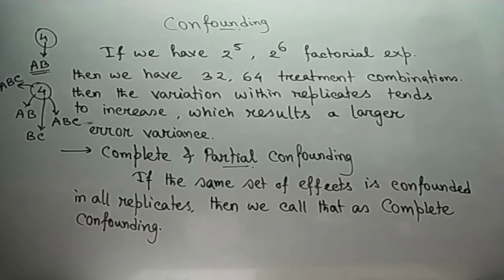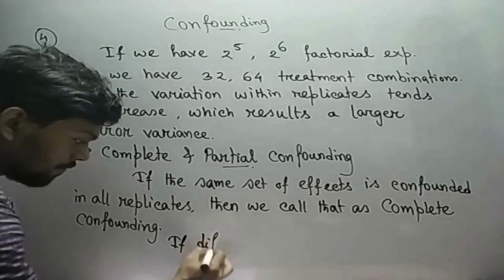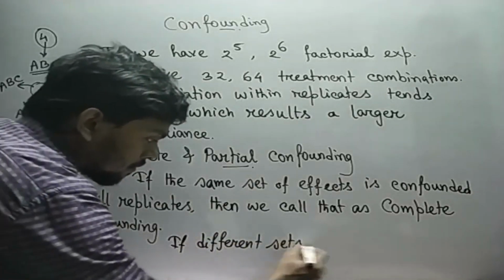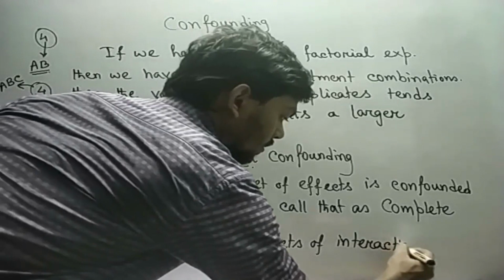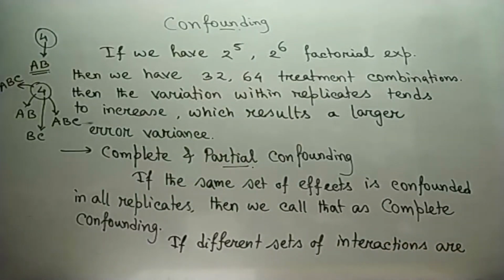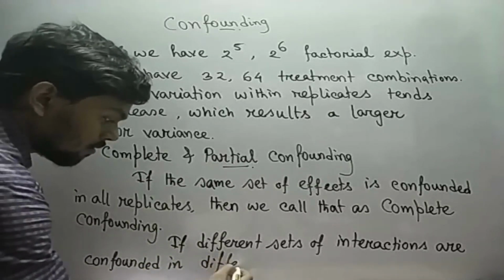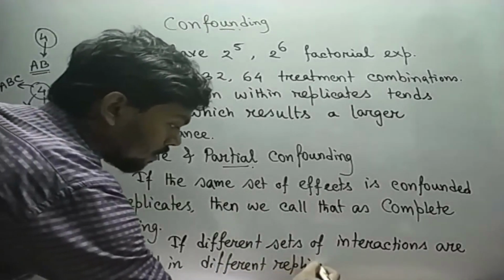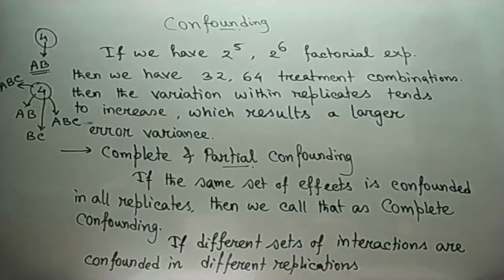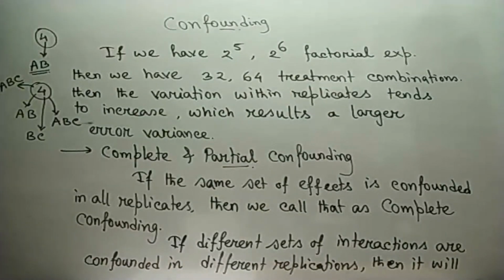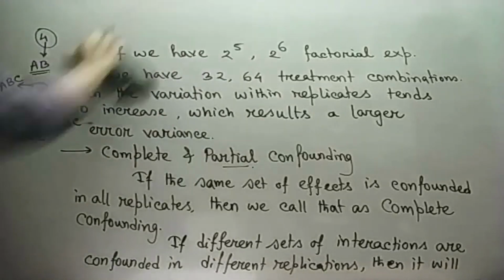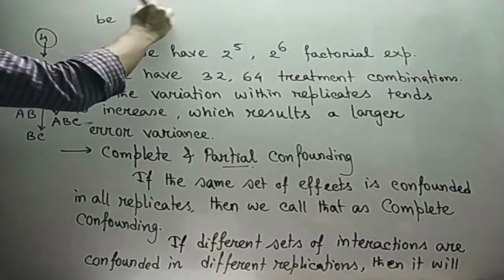Okay, so if different sets of interactions are confounded in different replications, then it will be partial confounding.